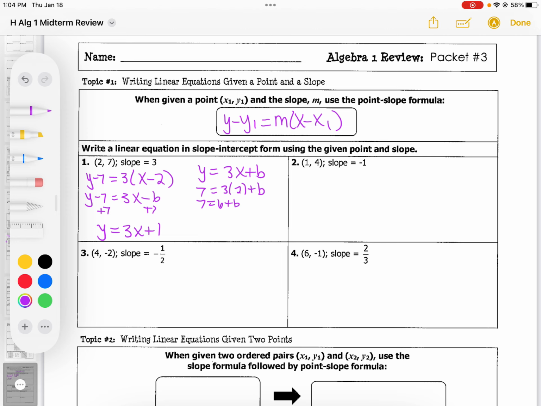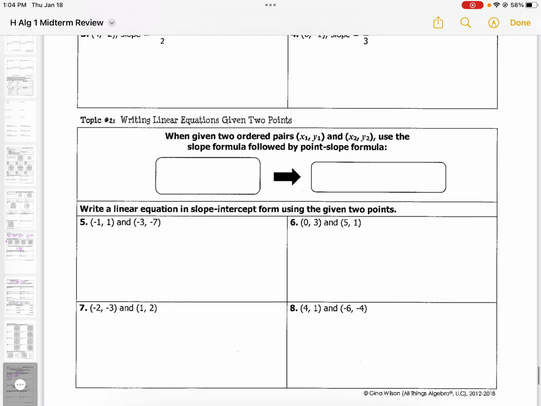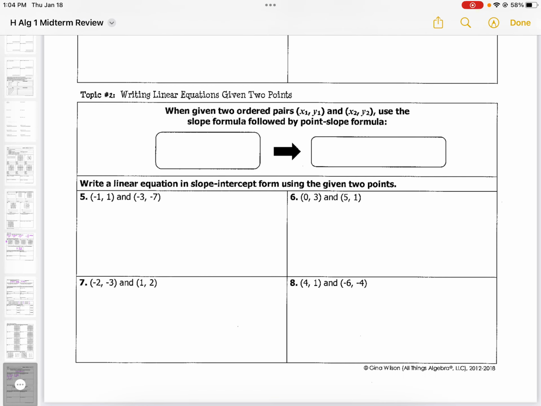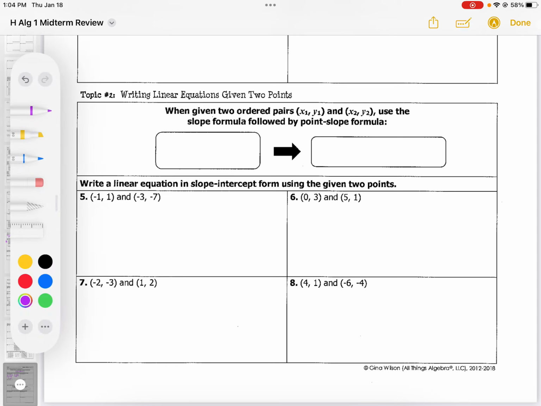The next section is you're going to have 2 points, and they want you to create an equation using those 2 points. So your first step for this would be to use the slope formula, which is m equals y2 minus y1 over x2 minus x1.